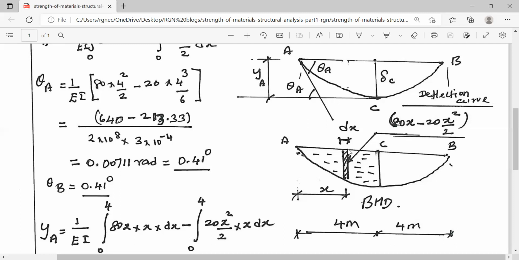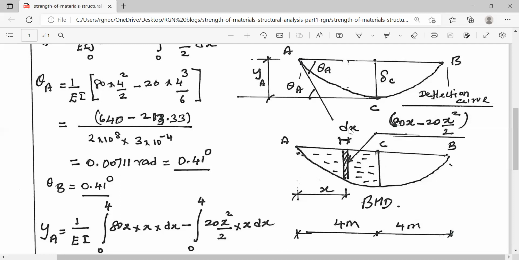Now, what is the elemental strip area? Mohr's theorem states that the vertical intercept between the two tangents is equal to moment of the area of the bending moment diagram between these 2 points. Now, this is the area of the bending moment diagram, and this is the elemental area, and this ordinate is measured from the distance x.